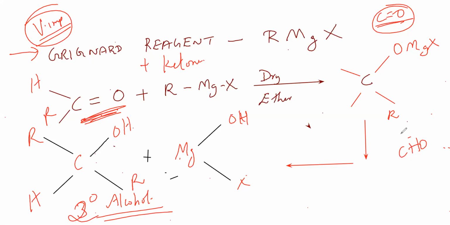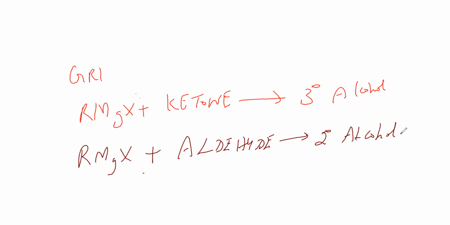Pakka question. It can either come in 1 mark or 2 mark in the board exam. In the entrance examination, they can ask you, Grignard reagent along with this ketone will give what alcohol? Tertiary alcohol or secondary alcohol?